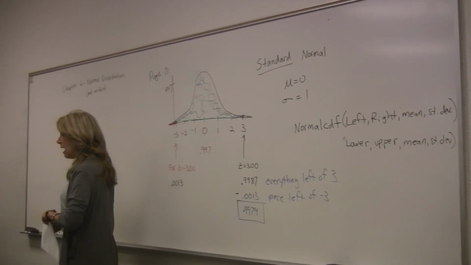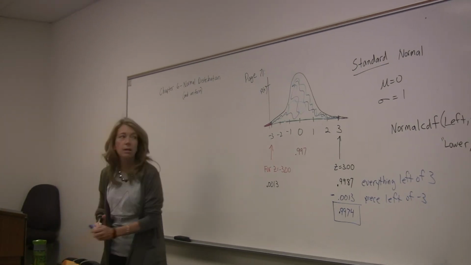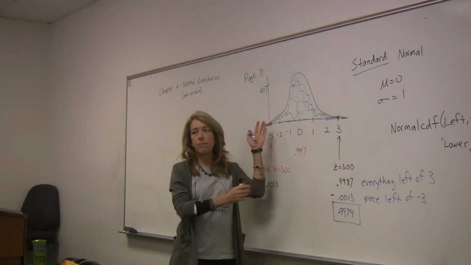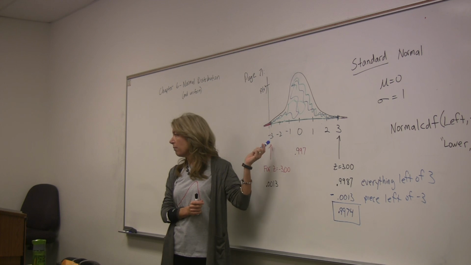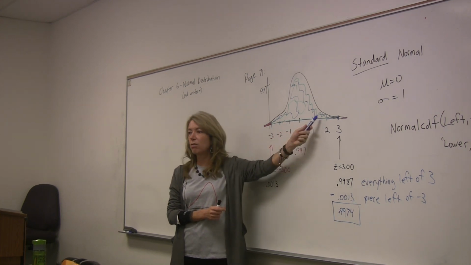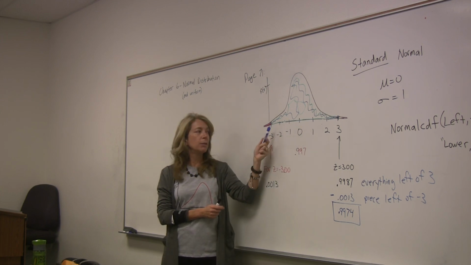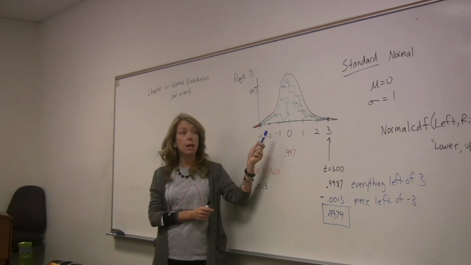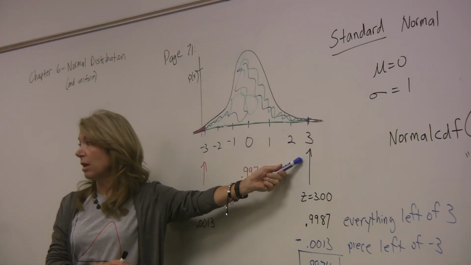So the lower and the upper is describing your region. I'm going back to the last problem we just did before the break. Remember we did between -3 and 3? For this shaded region, the green one was my original region. What's the lower number? -3. And the higher number was +3.